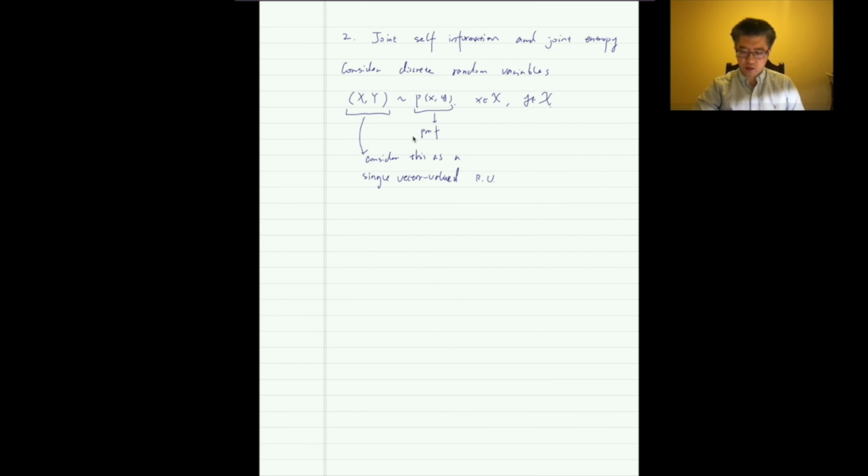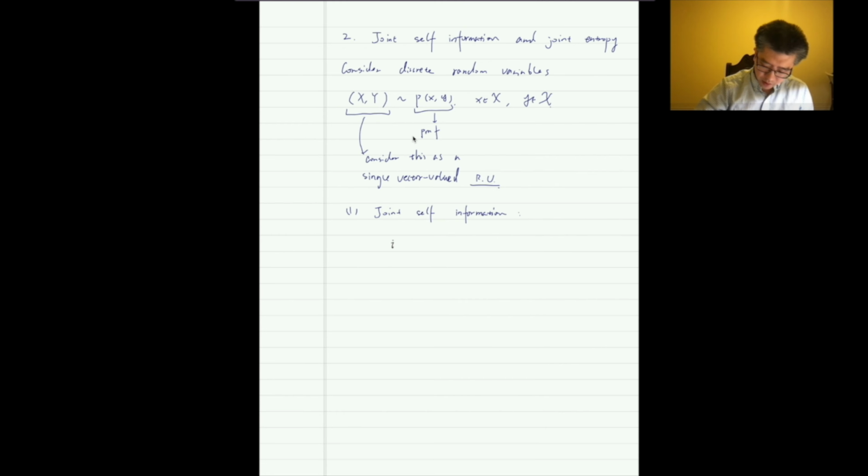Okay, so RV means random variable. In this case, we can basically copy and paste the definition we defined before. For example, the joint self-information is defined as follows.